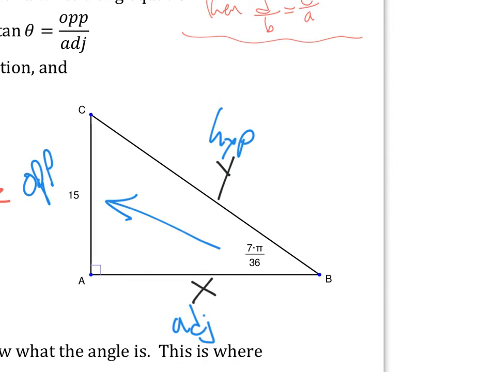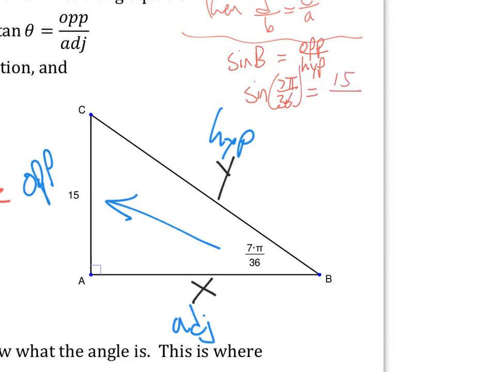I want to find y now. y is the hypotenuse, and we know the opposite. That's going to be sine. The sine of angle B is opposite over hypotenuse. Always start by writing this trig equation. The angle is 7 pi over 36, and we want to find the sine of that angle.